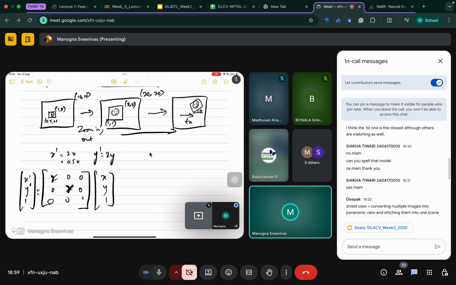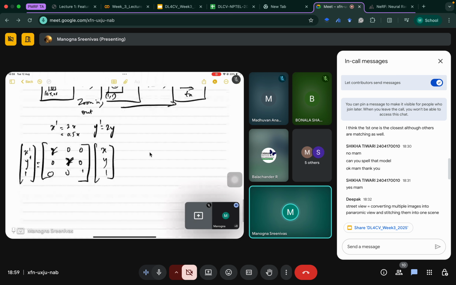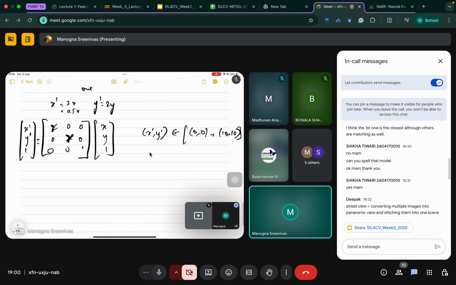So once I do this mapping, I would only keep x prime, y prime that are in the range 0 comma 0 to 10 comma 10, which is my image space, right? I'll keep only that, and the rest will be discarded. But yeah, this is the geometric mapping, the transform.